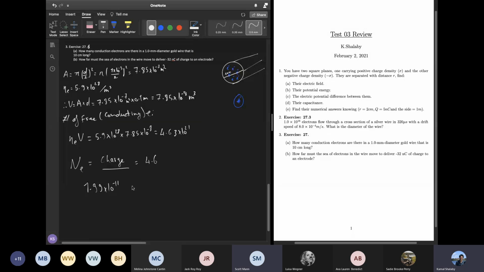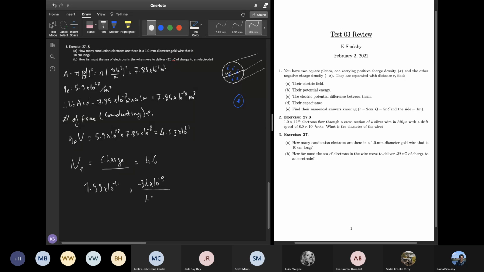Okay, so I have this and divided by what? Yeah, so you have the charge there, and then you want to divide it by 1.6 times 10 to the negative 19 electron or e per coulomb.